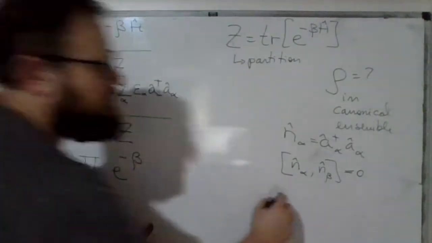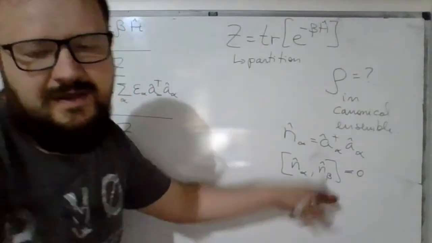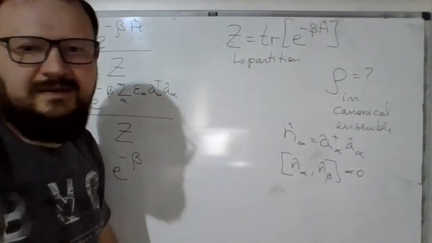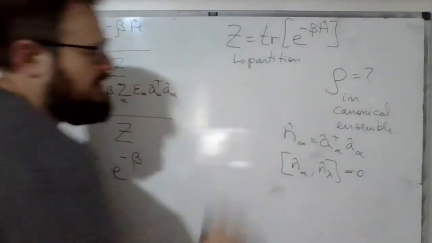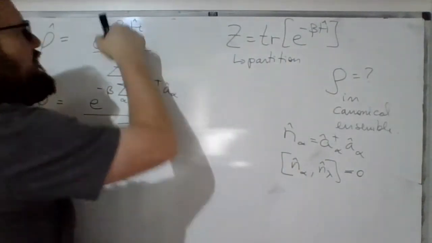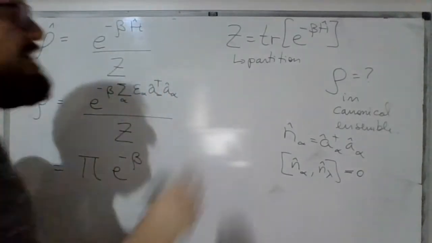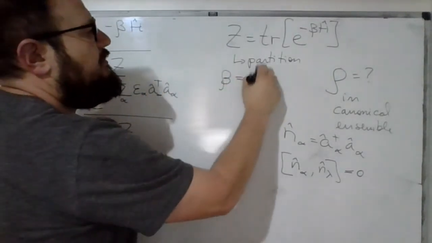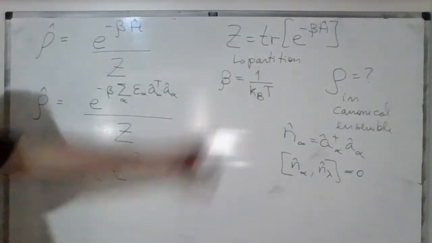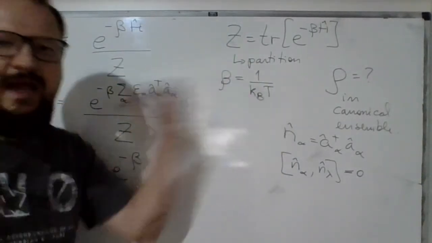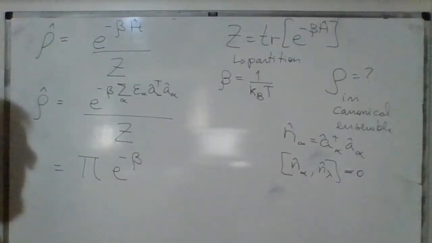Beta is the reciprocal temperature I am using here, but it's perhaps a bad notation. Let me use lambda. So this beta factor here is the reciprocal of the temperature of the system, 1 over the Boltzmann constant times temperature.